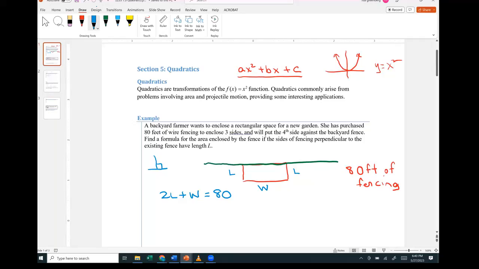That's if I add the length of each side and the width of the garden, that's what I'm going to use my 80 feet of fencing for, okay? And we could call this the perimeter, because it's around the outside. We also want to find the formula for the area, and the area is length times width, always, okay?